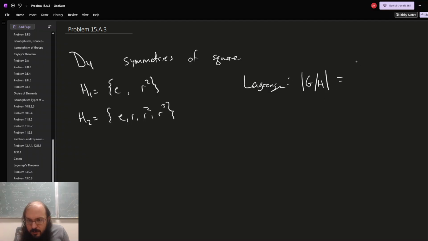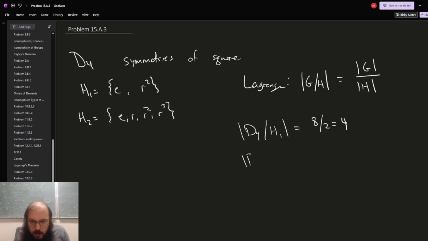And so we get this very natural looking formula that the order of the quotient group is just the quotient of the orders respectively. And so D4 mod H1 should have order 8 divided by 2, or 4, and D4 mod this H2 will have order 8 divided by 4, which will be 2.